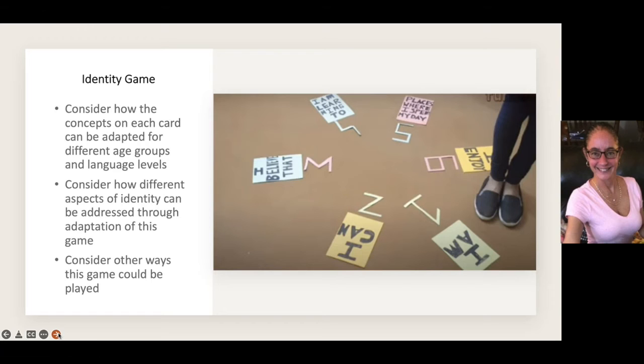Particularly if we start with these simple statements, I am, I can, I believe that, right? These are things that are really getting at a personal identity, maybe something closer to a core identity, but we're still getting students to relate to something in their inner world, right? That's tangible in their world, something that they explicitly know about themselves.